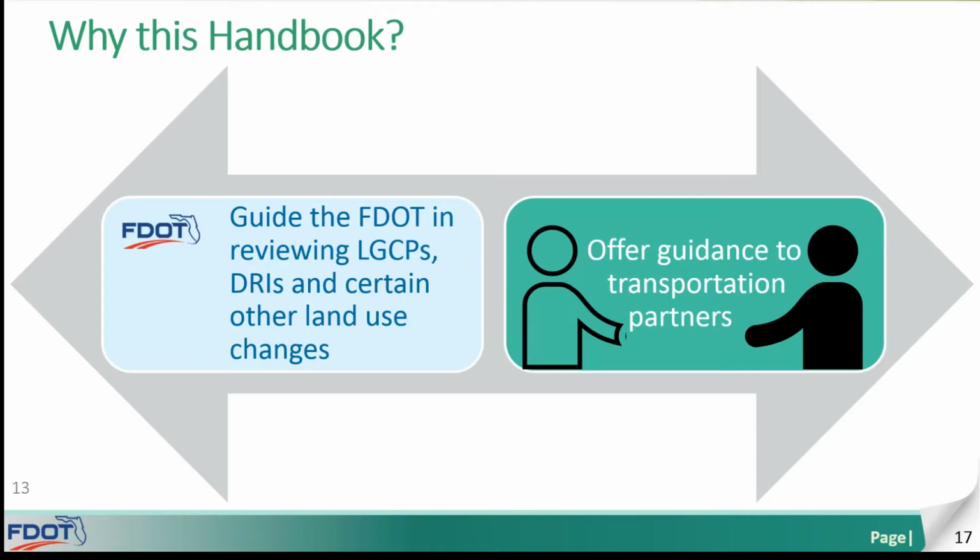And I apologize for the alphabet soup there, but anytime that we go over something like that, if you don't know what the acronym is, just ask us a question. But in addition to just dealing with guidance for DOT staff, this handbook also offers some guidance to the development community and to our local government colleagues on what we think is the proper way to analyze transportation impacts of new growth.